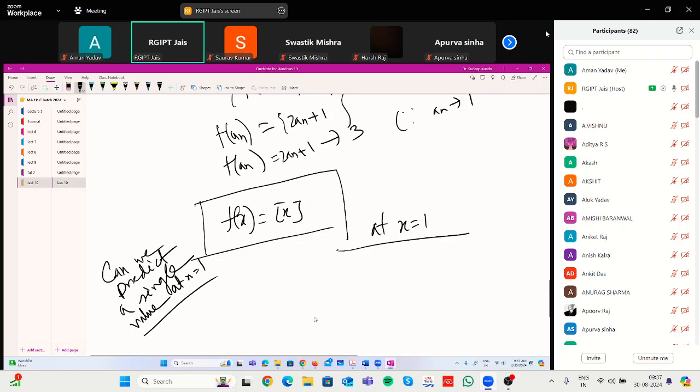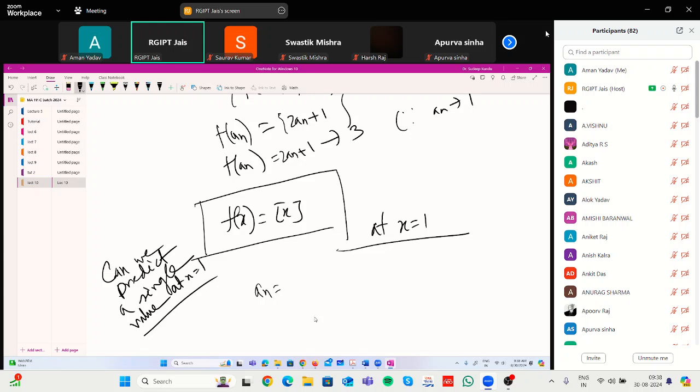And since this is a box function, what should you consider? Suppose a_n goes to 1, and then you have another sequence b_n such that f of b_n goes to a certain different value. Then your prediction is not a single value, which means the limit does not exist.